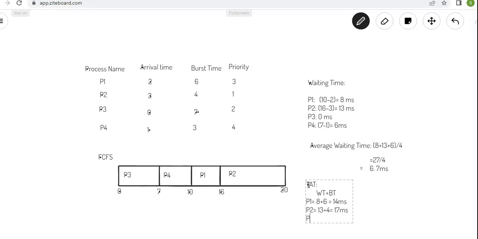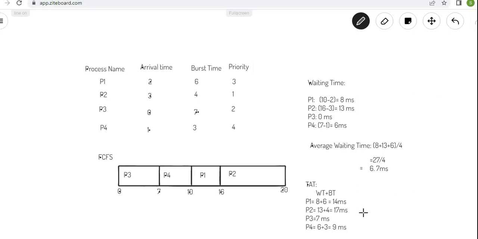Next, for process P3, the waiting time is 0 and the burst time is 7, so it is equivalent to 7 milliseconds. Next, for process P4, the waiting time is 6 milliseconds, which we have already calculated, plus the burst time of 3. So that is 9 milliseconds. This is how we calculate the turnaround time for each and every process.